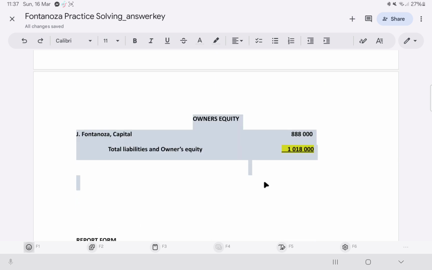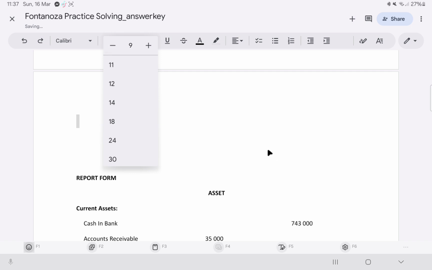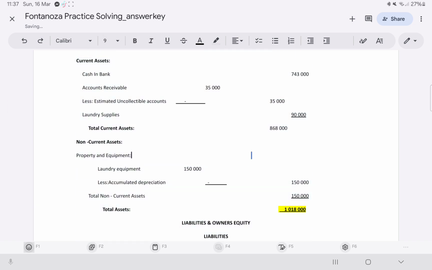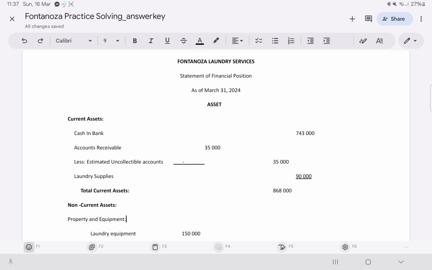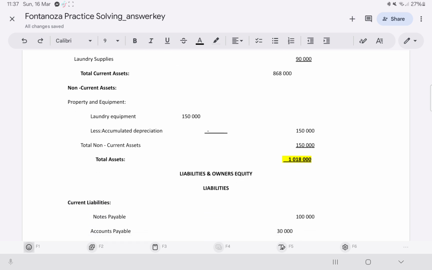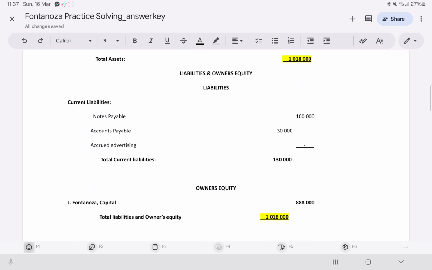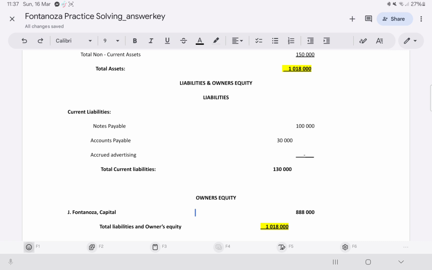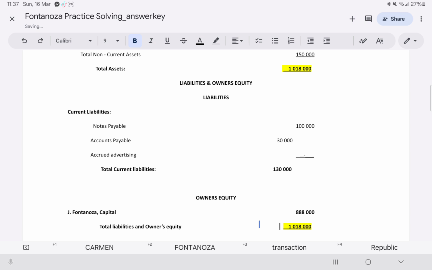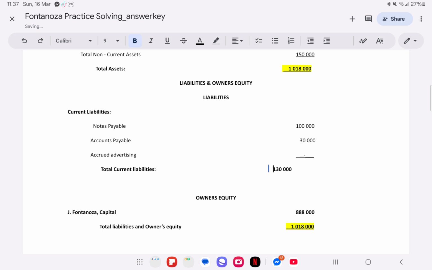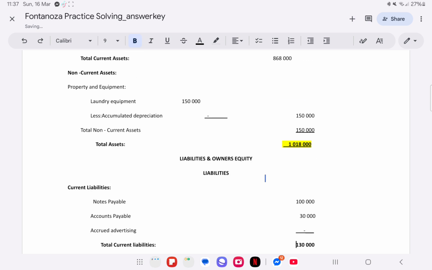I need to lessen the sizes. Fontanoza Laundry Services. Here's the following format. I need to paste this one here.